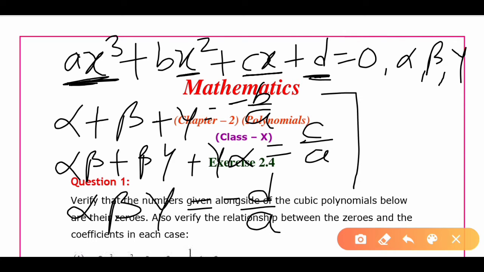So remember these values. We will use these values in our solutions. This one is very important. Clear?